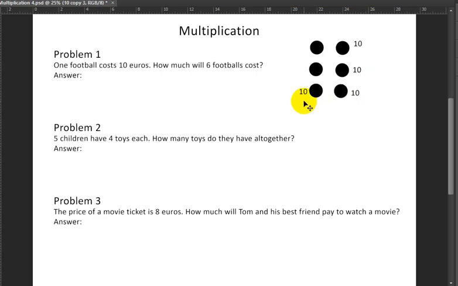And this is something that I suggest you do when you solve a problem. If you have a hard time solving it, actually draw it out. It says that there are 6 footballs that cost 10 euros each, so I drew 6 footballs that cost 10 euros each, right? And now you want to find how much they cost altogether.